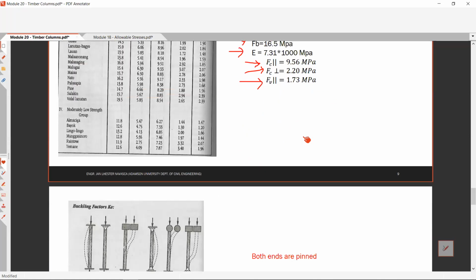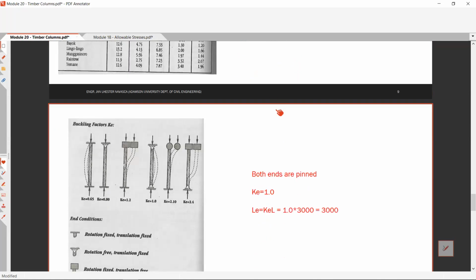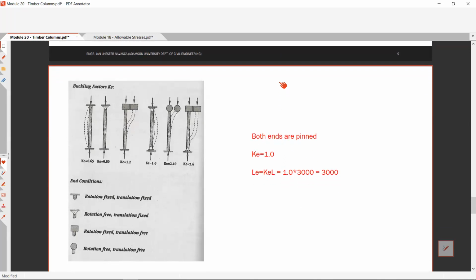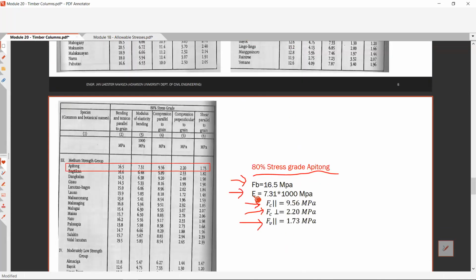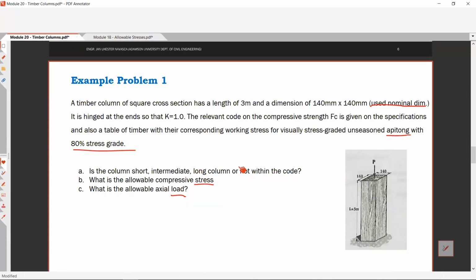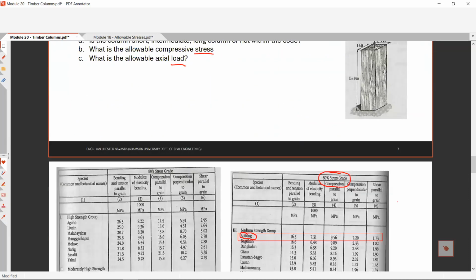Okay, so next natin, what is the value of your effective length, LE? Sinabi niya dito, your support is hinge at the end so that your K is 1.0. So pwede mo nang hindi i-recheck kasi binanggit niya yung value of K. However, kapag hindi binanggit yung value of K, you need to recheck the value of K based on the support type.